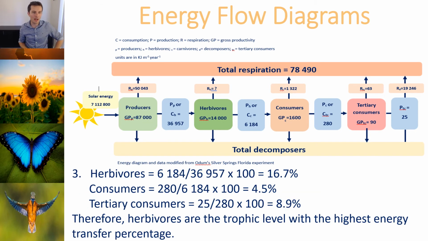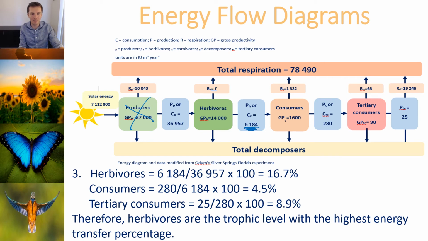And number 3, to calculate which one had the highest energy efficiency or transfer efficiency within this diagram. So remember, I don't look at the producers, I don't consider them, because they are not looking at a net production from the previous trophic level, because the previous trophic level is simply solar energy. So to do the maths, I look here, I've got my herbivores. This is the amount that they've actually, their net production.